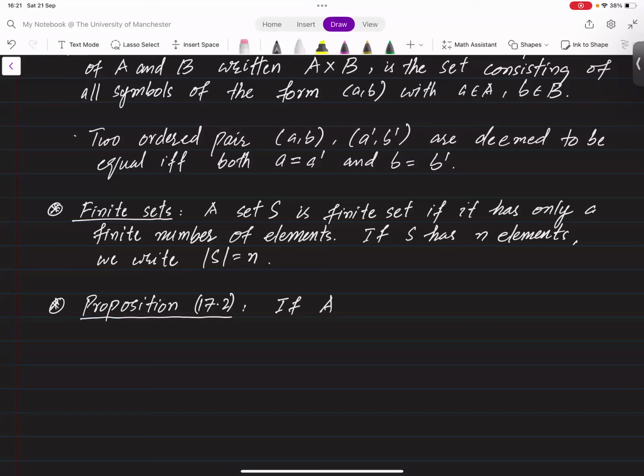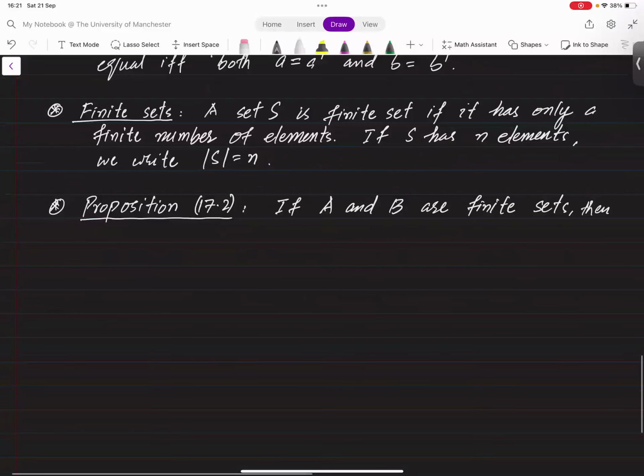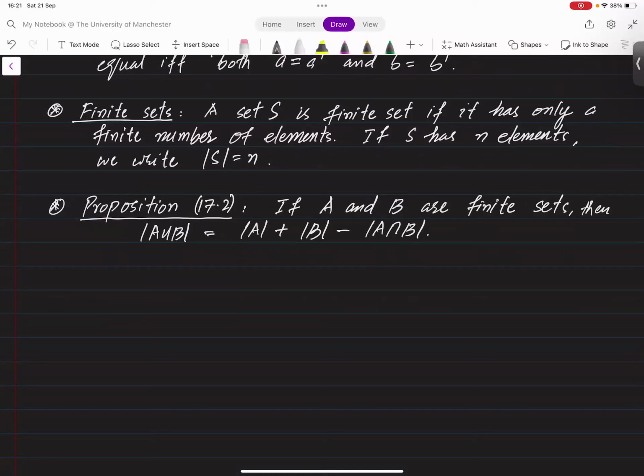If A and B are finite sets, then we can write that the order of A union B is order of A plus order of B minus the order of A intersection B. And let's give the proof.